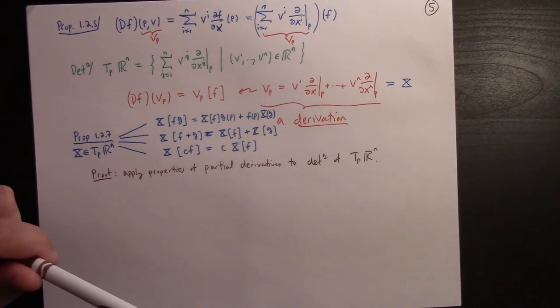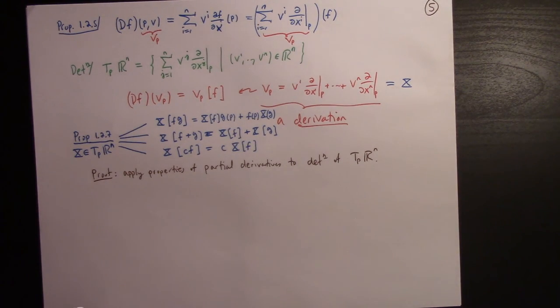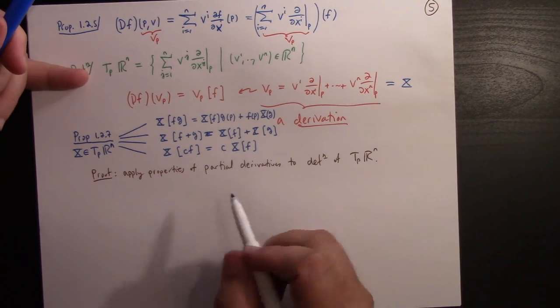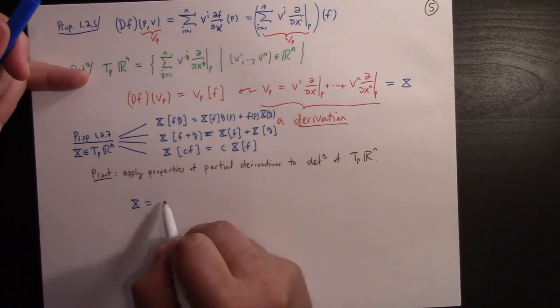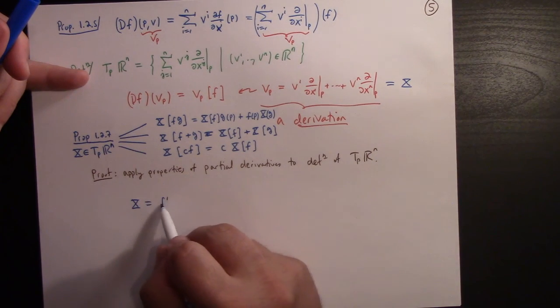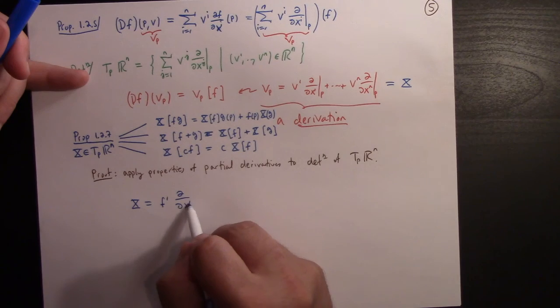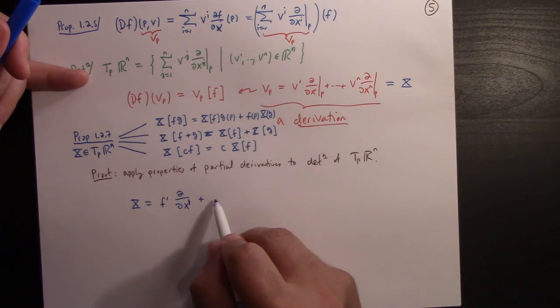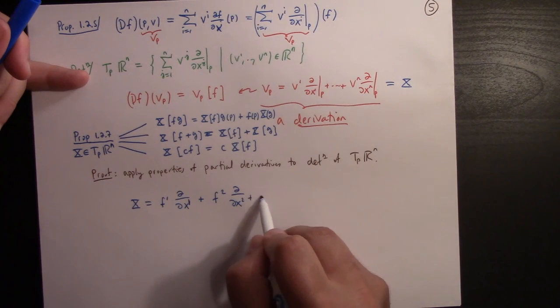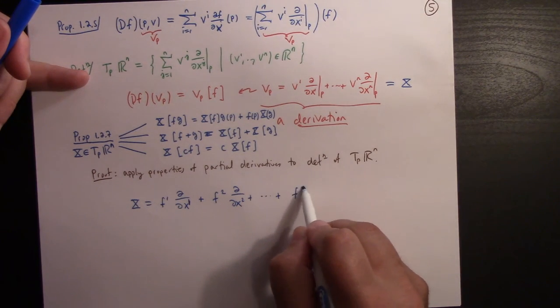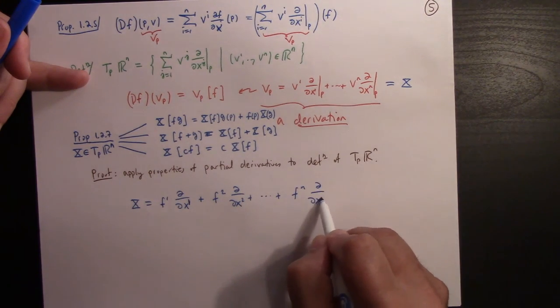Now, of course, we can also talk about vector fields, right? A vector field would be something like this: X equals f1 partial x1 plus f2 partial x2 plus up to fn partial xn.